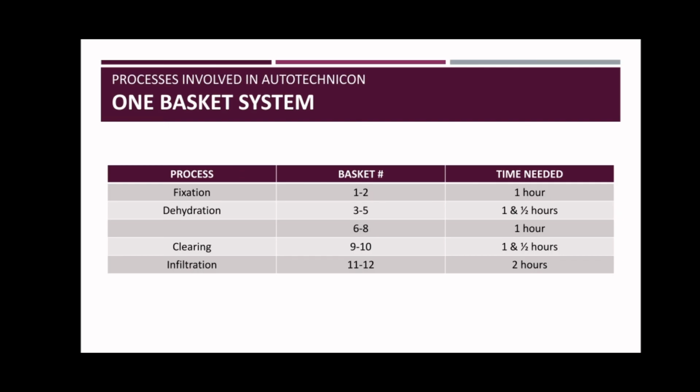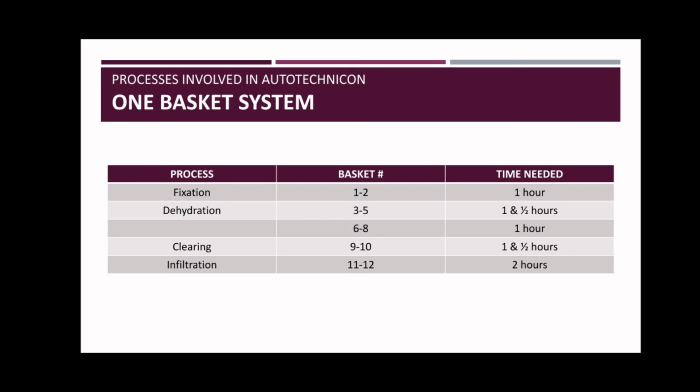Let's say, for example, for basket 6, that's already 90% alcohol. Basket 7 is 95% alcohol. And lastly, for basket 8, that's 100% ethyl alcohol or absolute alcohol. That's 1 hour for each. Is that understood? Okay. For clearing, this contains the clearing agent xylene.